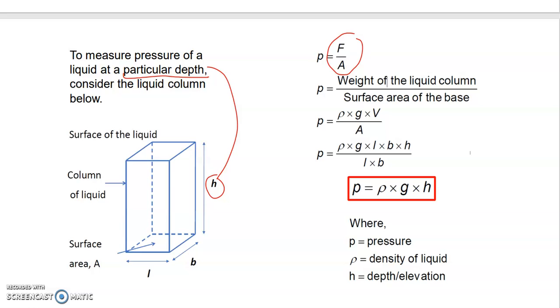We use density times gravity times volume. And then the volume is calculated as length times base times the height. Area is length times the base. Okay, we can cancel the length and also the base. And the derived formula is pressure equals density times gravity times H. G is actually a constant. G is 9.81.